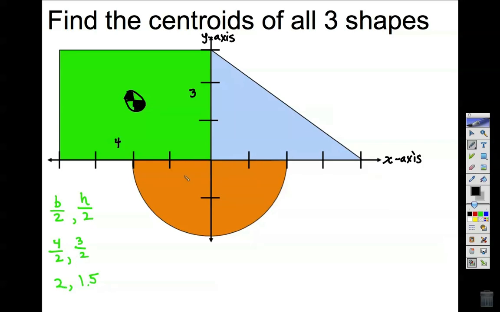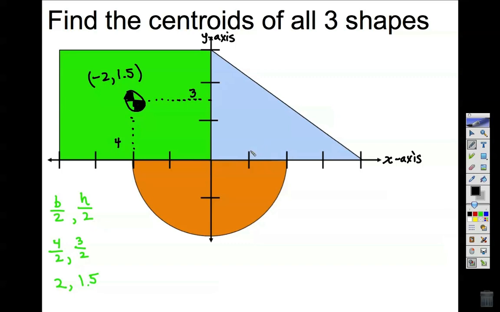We know that it's 2 units here, and 1.5, which is here, because this is 3. So the actual ordered pair for this is -2, 1.5.